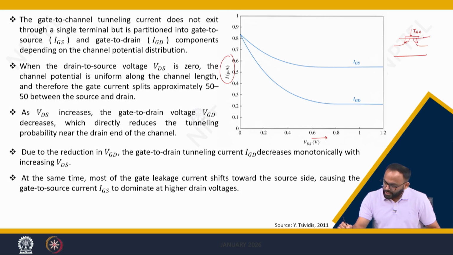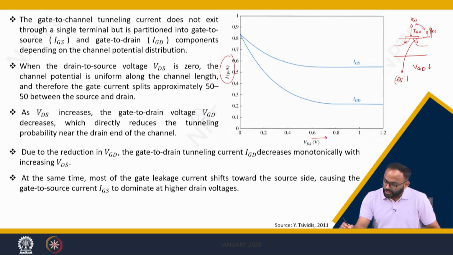But the moment you increase VDS, the difference between the gate voltage and the drain voltage reduces, meaning VGD reduces because you are increasing the drain voltage. Increasing the drain voltage also reduces the inversion charge, as we have already discussed in previous lectures.